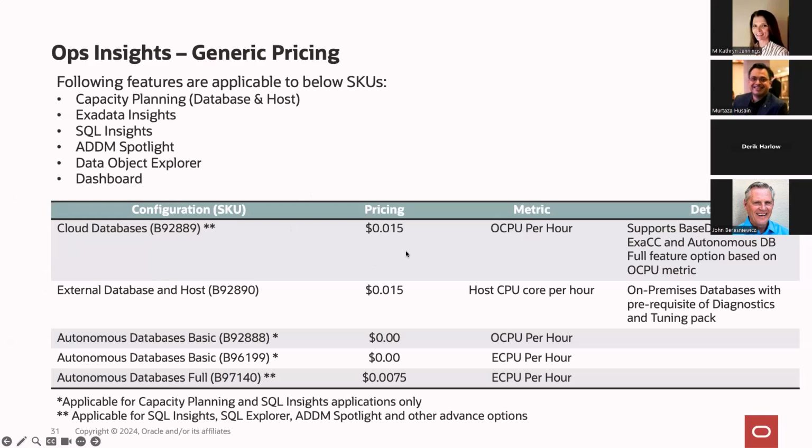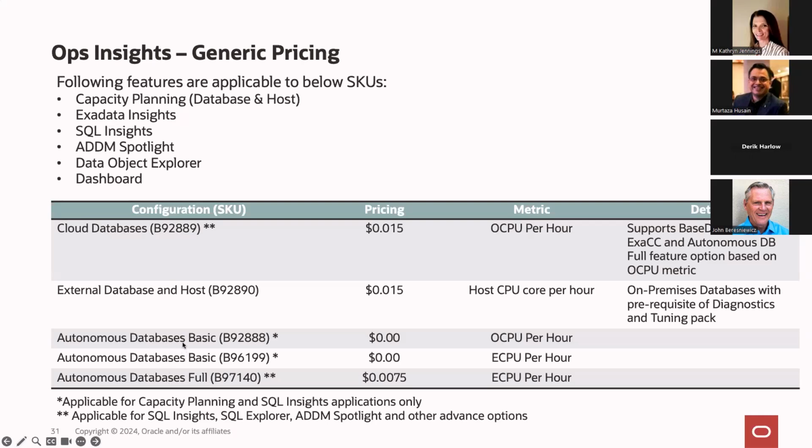In terms of pricing, we have 1.5 cents per OCPU per hour if you have cloud databases, which gets you all these features within the service, whether it's capacity planning, Exadata Insights, SQL, ADDM, Data Explorer, and dashboard capabilities. Similarly, the same applies for Exadata, external database, or host enabled within the service.